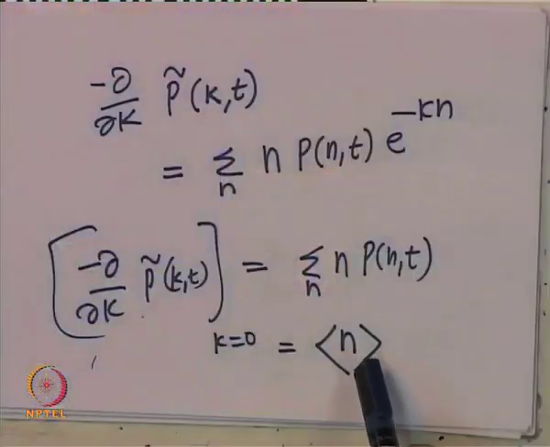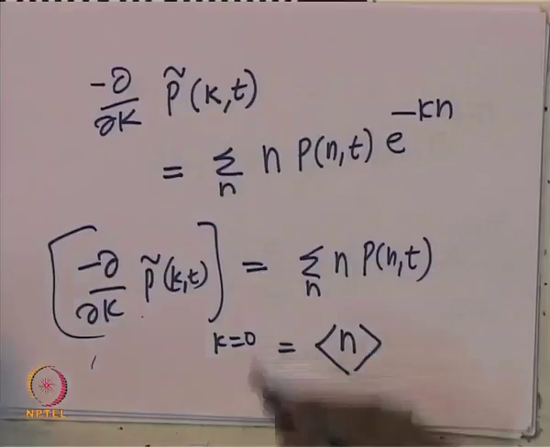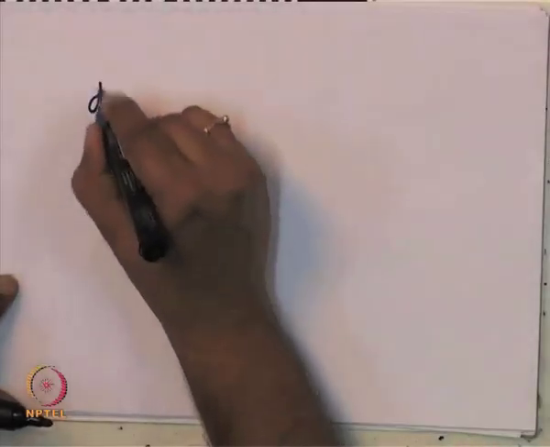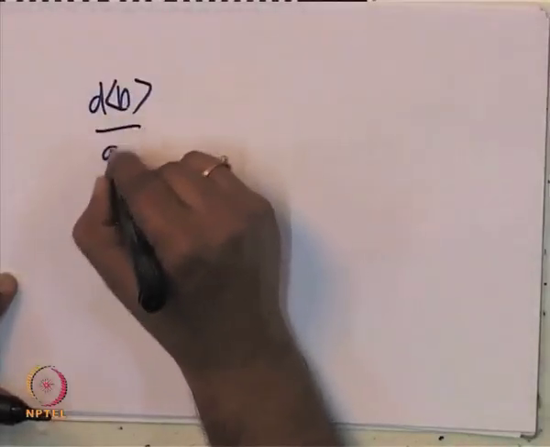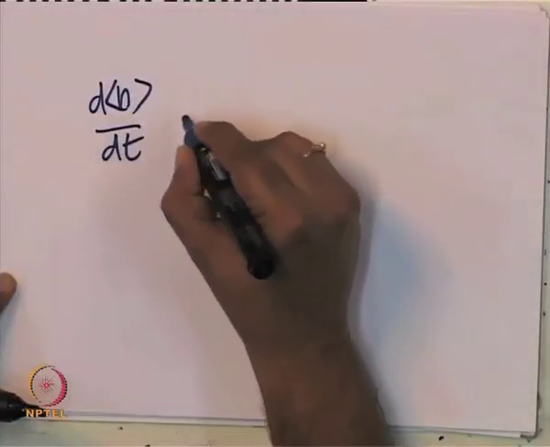Now, let us say this average number of monomers can depend on time. Sometimes the average can be small, later after some time the average can be high. So, you can also find the time derivative. You can say d n average by dt is how the average number changes.